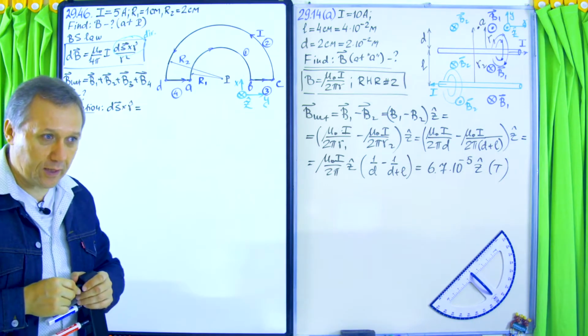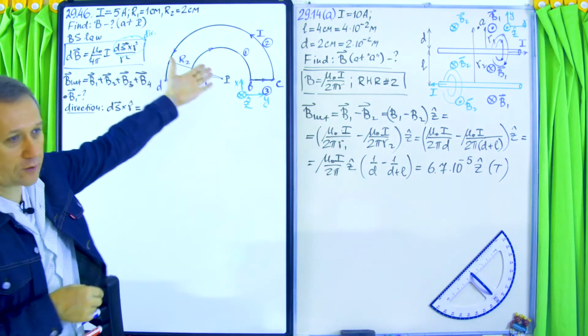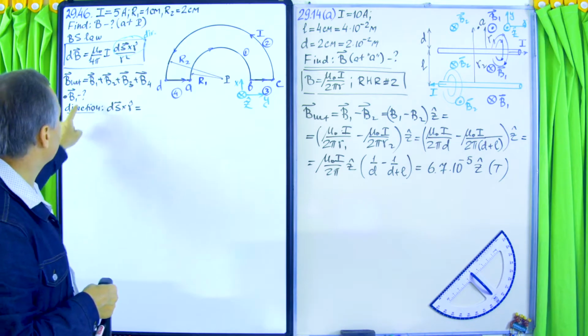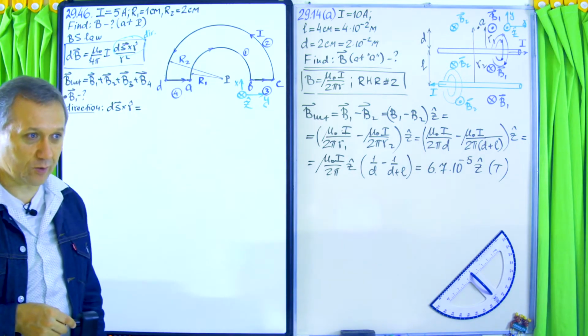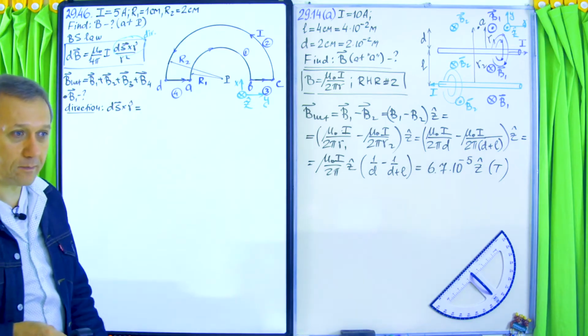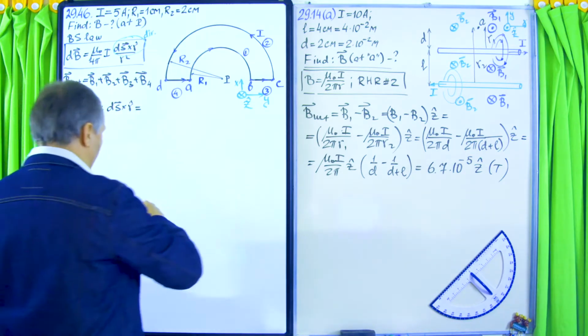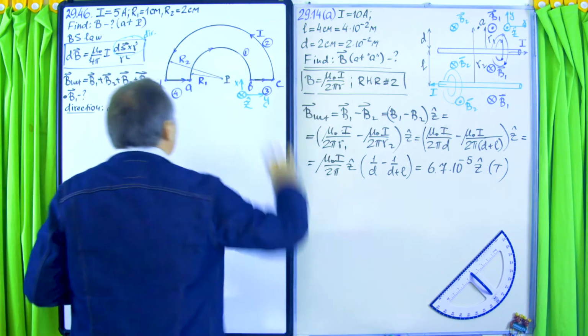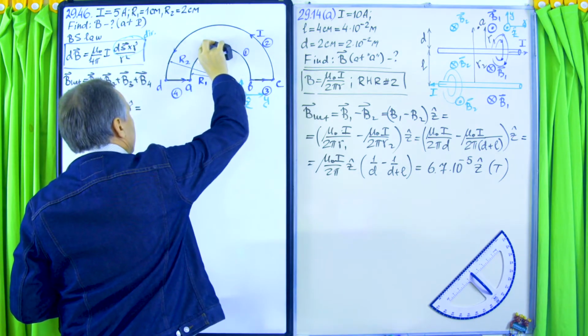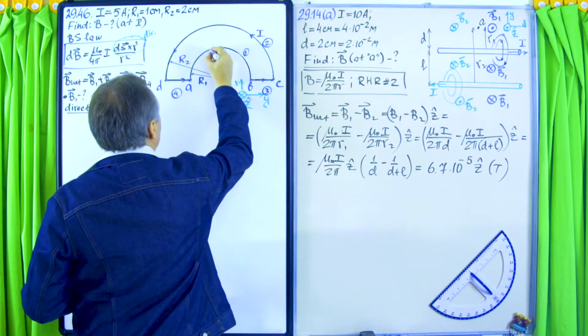And so in order to analyze it, of course, we need to see these vectors on the picture. And we are on section number 1, so it's B1. So we are on this semicircle. So let me draw ds and r hat. So ds, let me draw it here. You know what? Let me move this slightly.